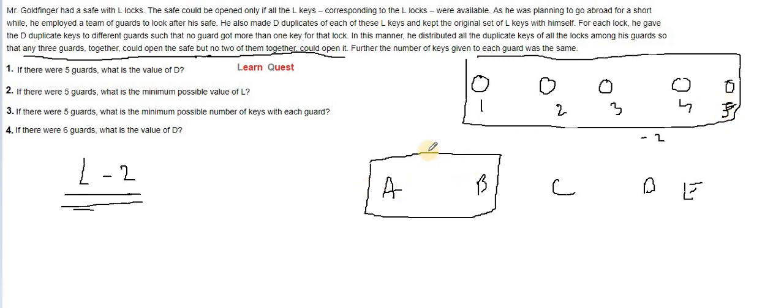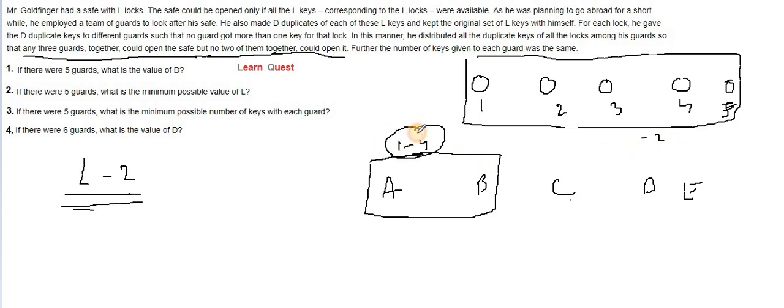Even if I combine A and B, they have keys 1 to 4, but they will be missing key number 5. Now it is mentioned in the question specifically that any 3 guards together could open the safe. So with A and B, if I combine C, D, E or any of the guards, any group I make of 3, they should be having all the 5 keys.